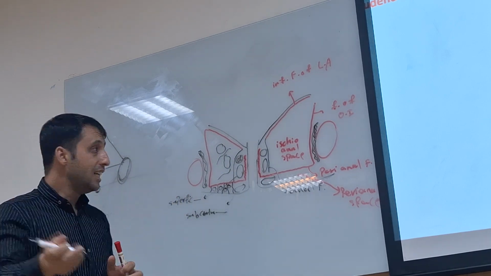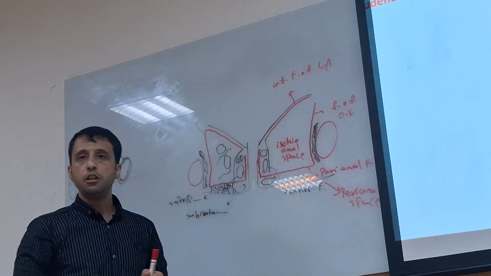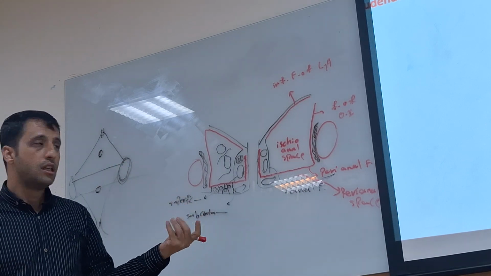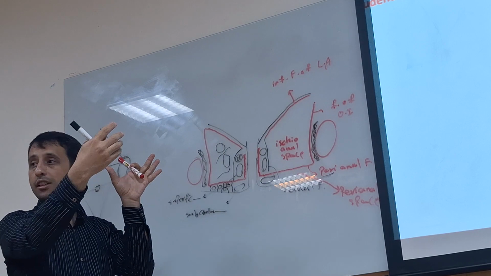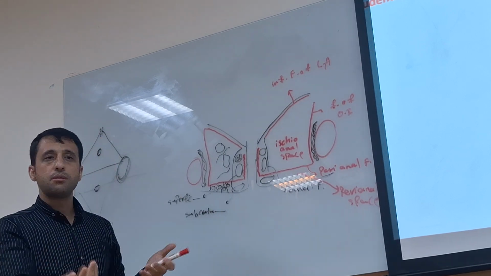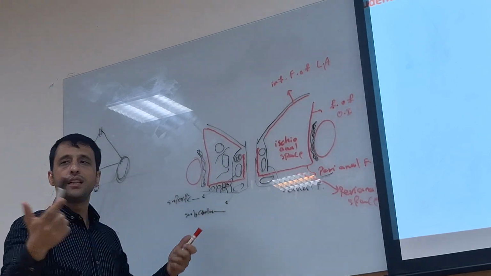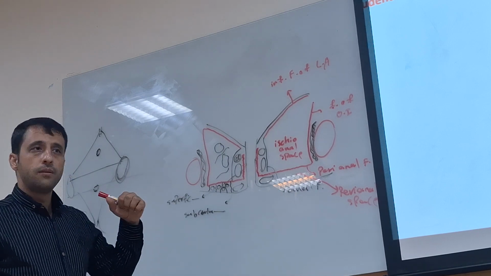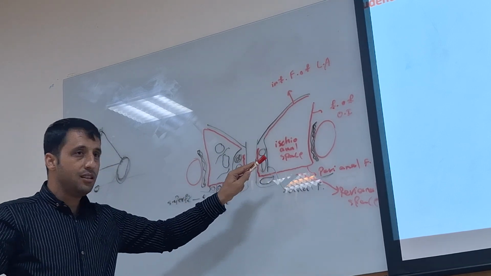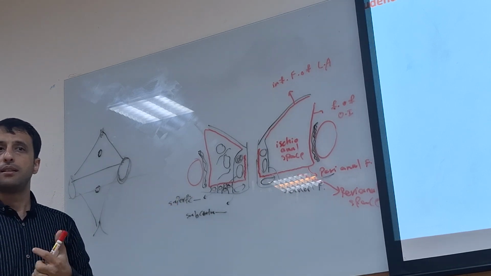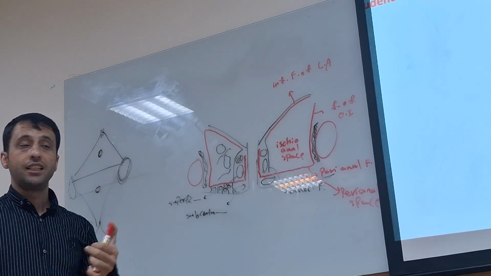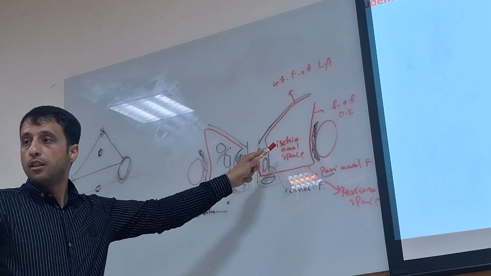But inflammation of this area is not painful, because here we have a large lacuna of fatty tissue which is separated by incomplete septa. So, which inflammation is susceptible to spread? The ischio-anal. Yes.